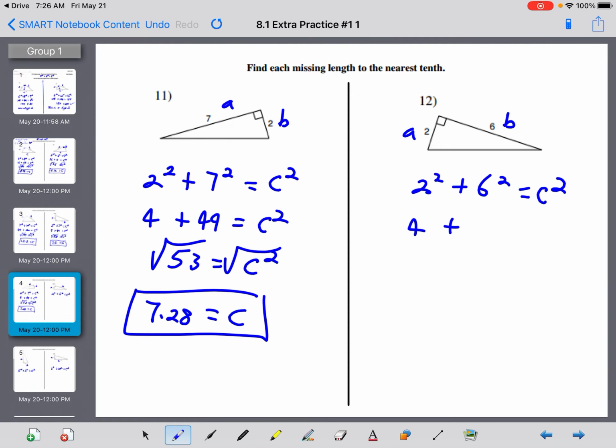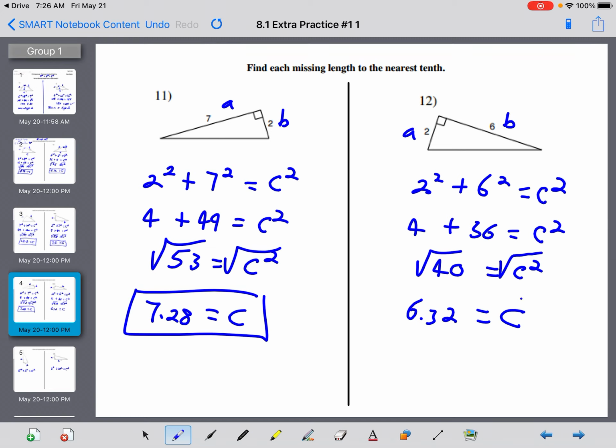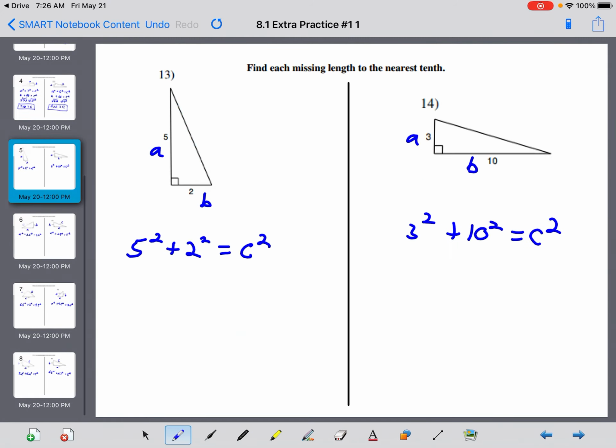2 squared is 4, 6 squared is 36. 4 and 36 add up to 40. And the square root of 40 is 6.32. 5 squared is 25, 2 squared is 4, which makes 29.